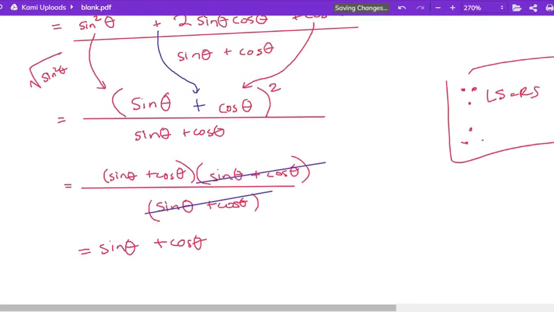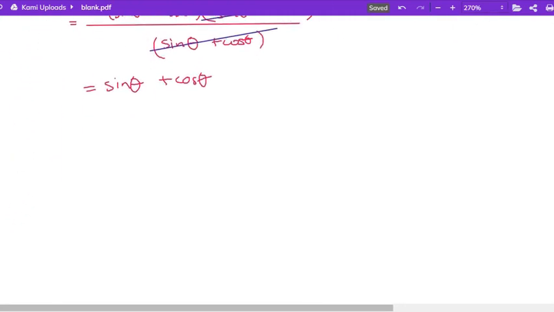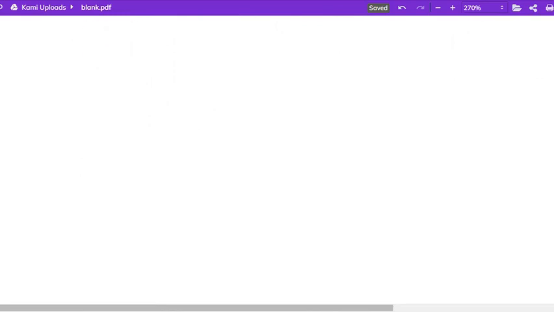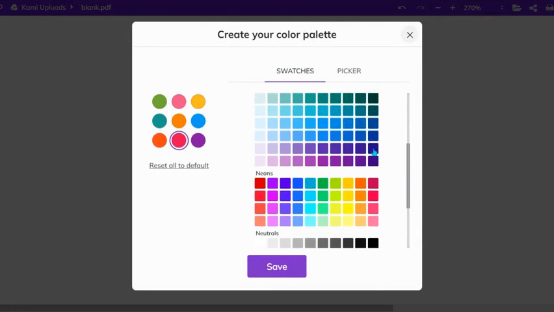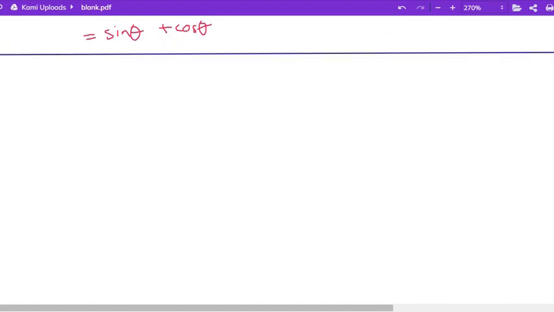Next. Okay, so I still have to do 15, 16, 17. Let's do it. No time to lose, except that we need a new color. Do you know what I'm really feeling? A nice royal blue. This is kind of not royal blue, but it's nice. I don't love it.